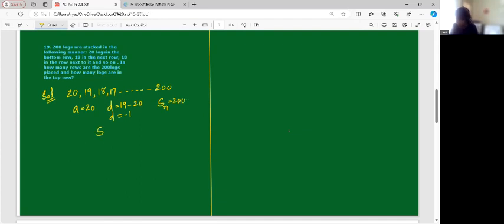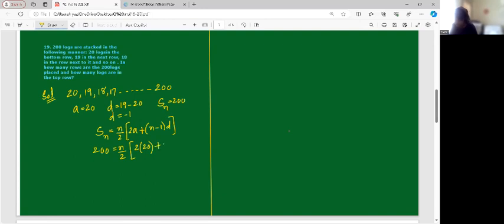So we use the formula Sn is equal to n by 2 into 2a plus n minus 1 into d. Sn is already given as 200. It is equal to n by 2 as it is, because we have to find the n value. 2 into a value is 2 into 20, which is 40, plus n minus 1, we have to find out.